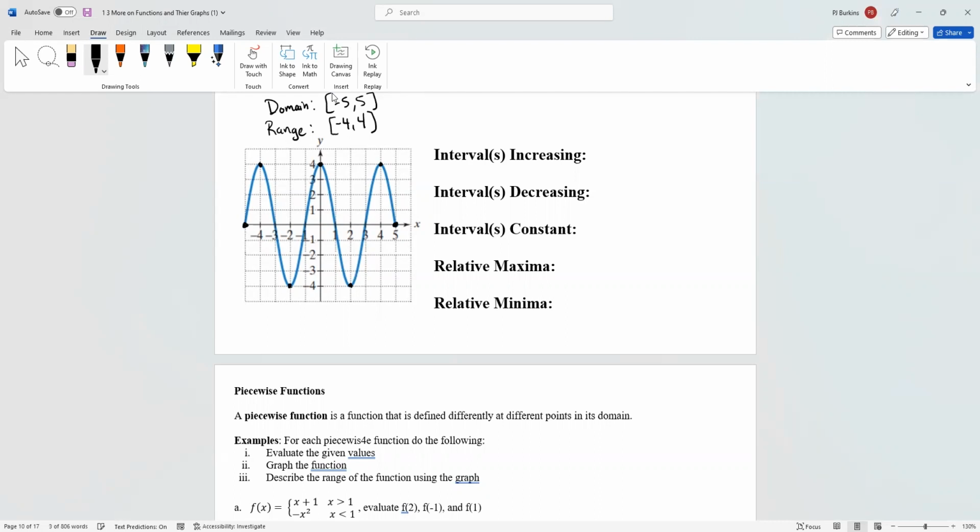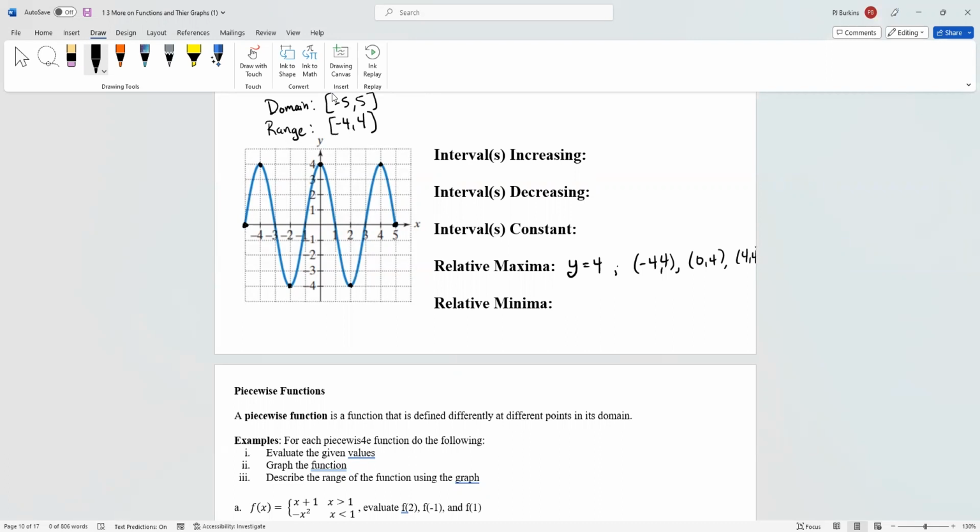So relative maximums are y equals 4, and they occur at the points -4, 4, 0, 4, and 4, 4.